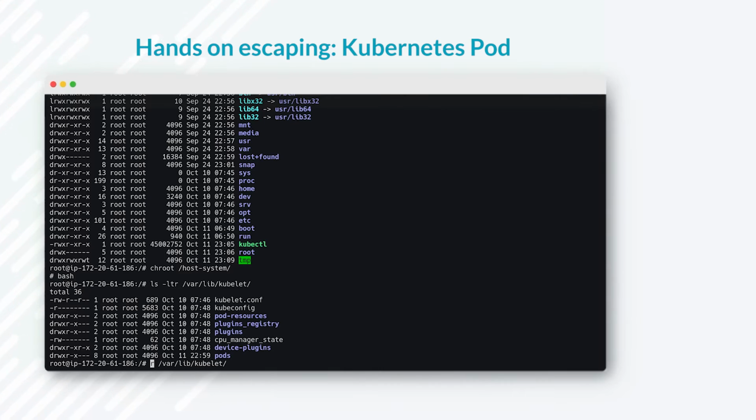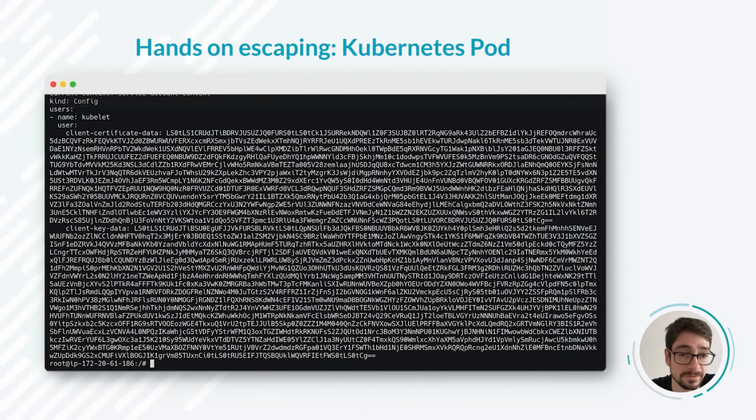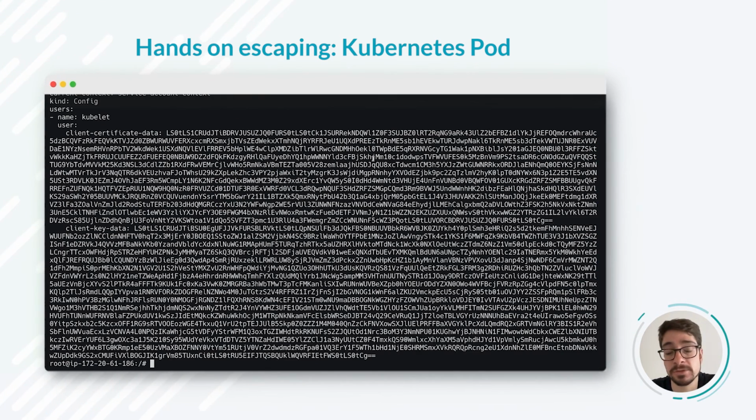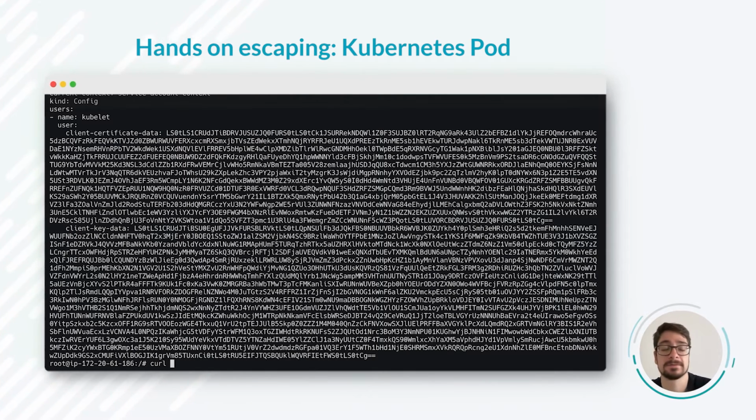We see it has a complete kube config we could use to authenticate to the Kubernetes API server, for example. And we can abuse this. Maybe we can download the kubectl utility and just write it somewhere.